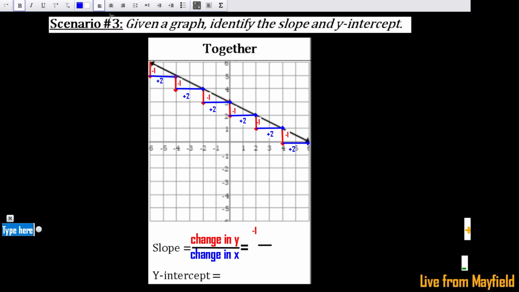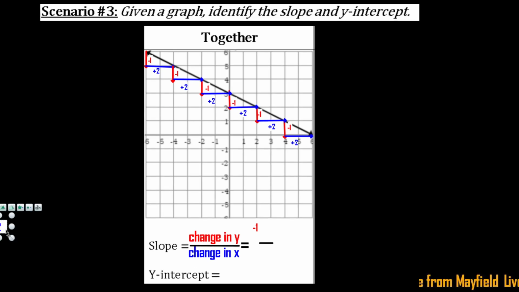So let me have a positive 2. So again, our change in x was +2, and our change in y was -1.